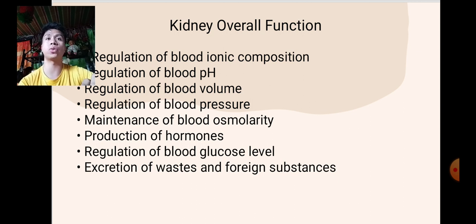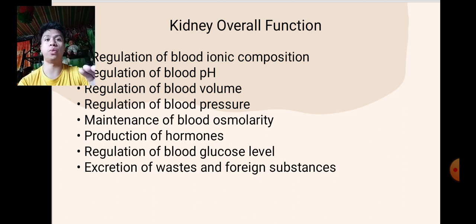The kidneys also help regulate blood pressure by secreting the enzyme renin, which activates the renin-angiotensin-aldosterone pathway. If renin increases, it causes an increase in blood pressure. So that's it.